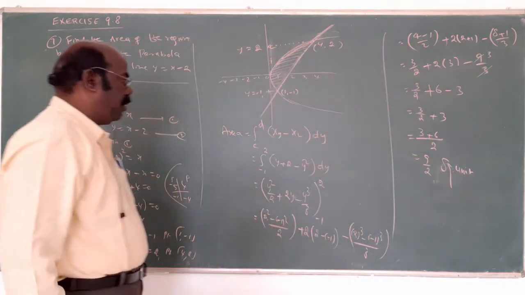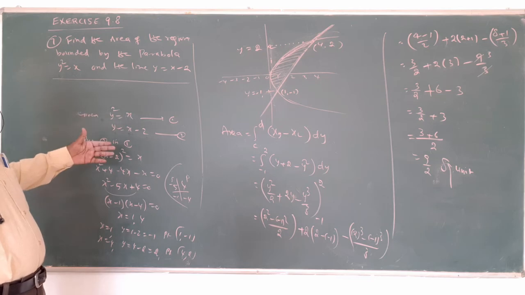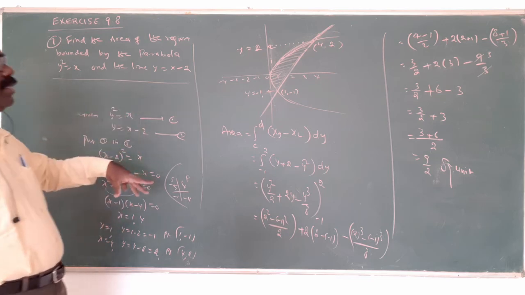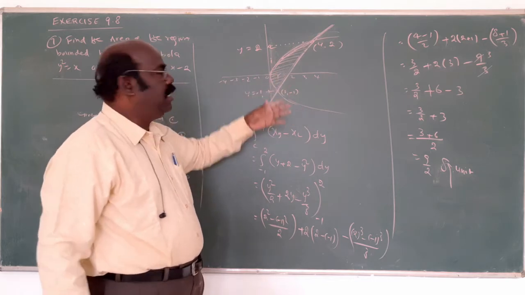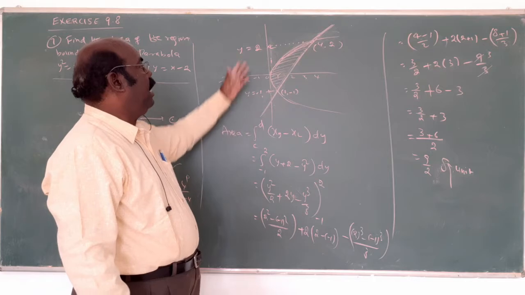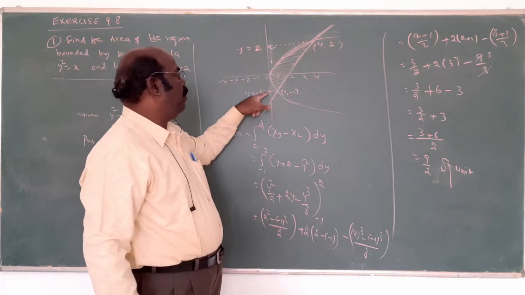It is also important. From the question, solve the equation, we get the 2 points. Plot the points, draw the diagram. After that, integration with respect to x of this curve is not possible, because on the x-axis there is no cross line. That's why integration with respect to y is possible. This is the base, this straight line. What is the limit?